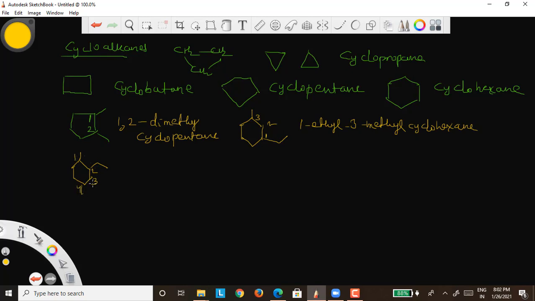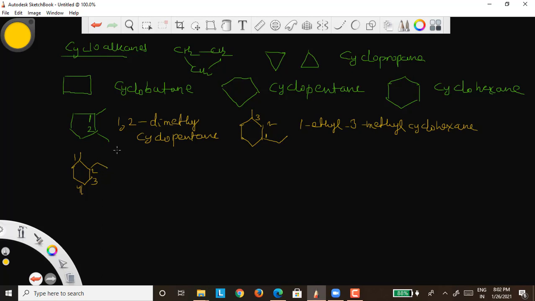If you name this way, the lowest number 2 is coming. If you number 1, 2, 3, 4, then for ethyl the lowest number 3 is coming, so this numbering is better. But you should include all the substituents in the numbering, because in cyclohexane, 2 methyl and 1 ethyl are substituents.